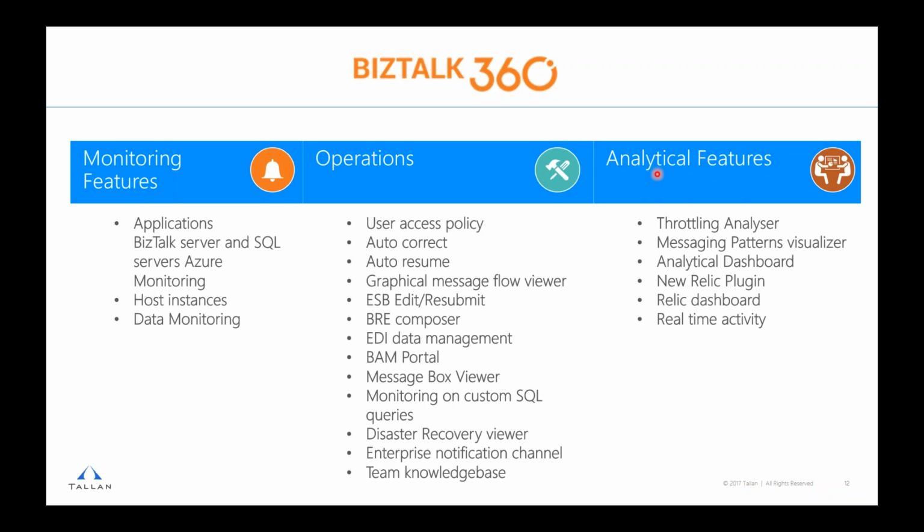I think a lack of productivity tools is the monitoring and notification is, even if you have an enterprise level monitoring solution like SCOM, you're still going to need something like BizTalk 360 that's more of a niche monitoring application. It's going to tell you when throttling is occurring.